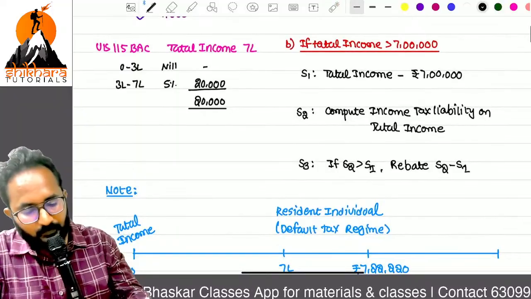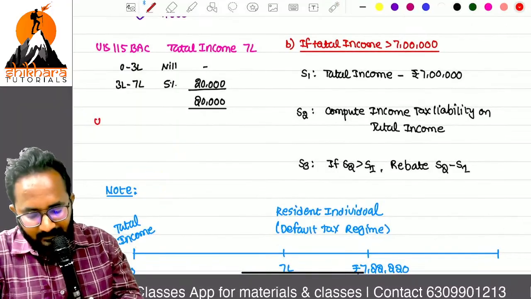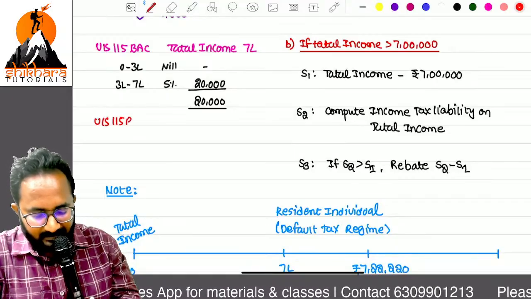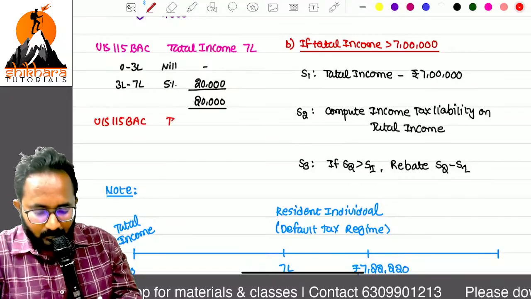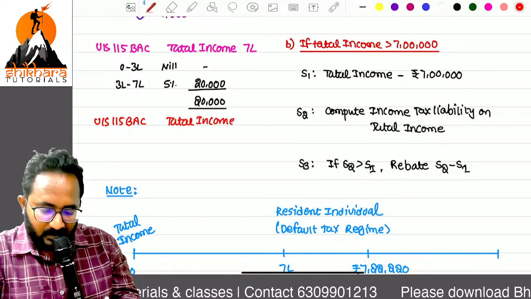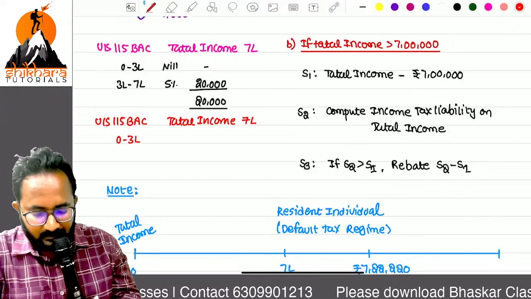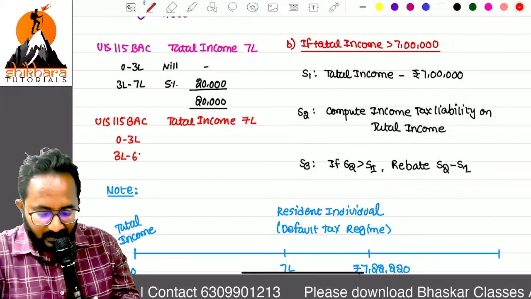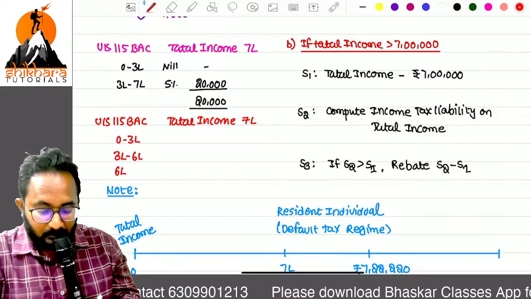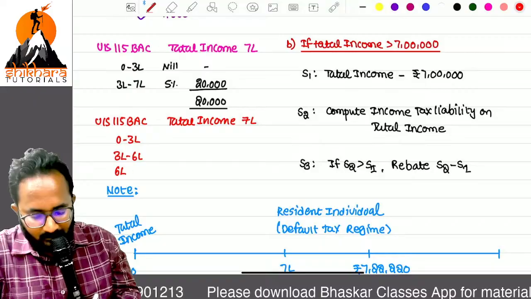I will tell you. Two years or one year back, under section 115BAC the rates were such that for total income of 7 lakh: 0 to 3 lakhs nil, 3 lakhs to 6 lakh 5%, and 6 lakhs to 9 lakh 10%, but here we have only 7 lakh.